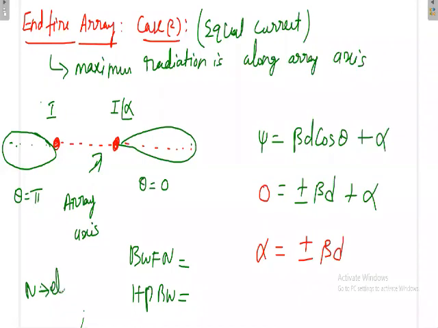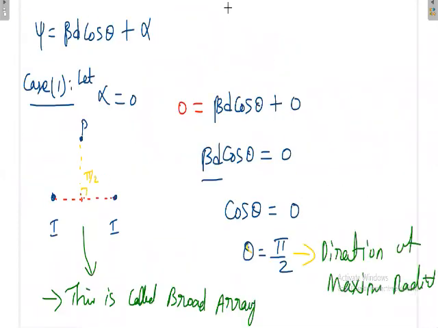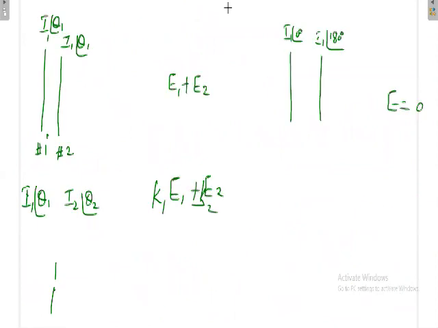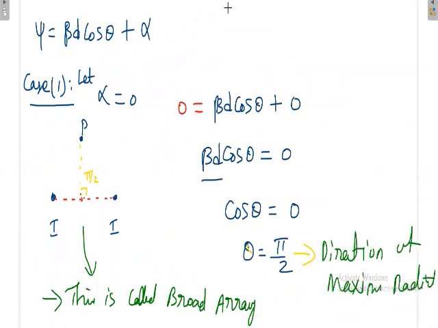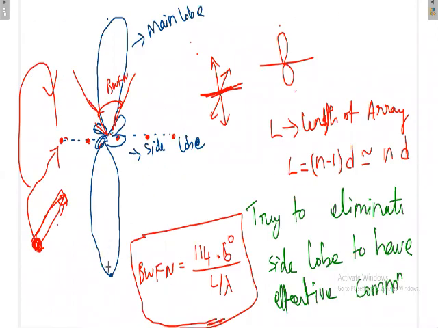This can be extended to an n element array. Similarly here also I have written some formula. This is also for an n element array only. The beam width between the first nulls formula is for an n element array only.